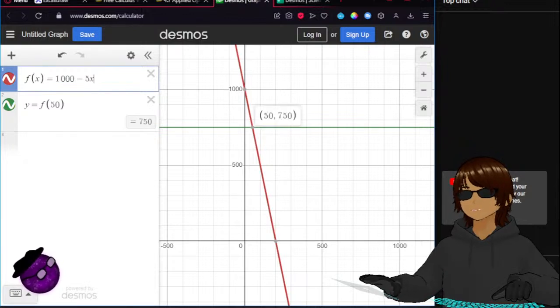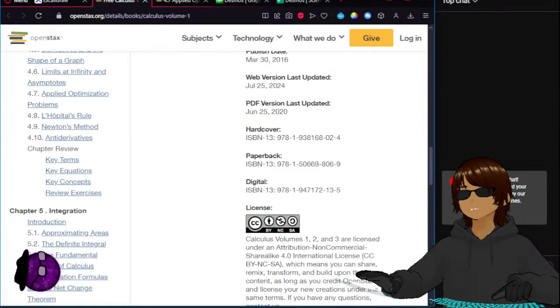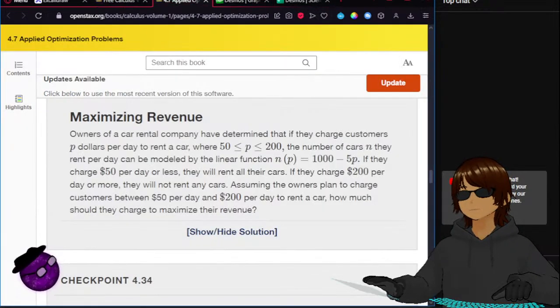But what about this? Do they have 750 cars in total? If P is equal to 50, you get 750.